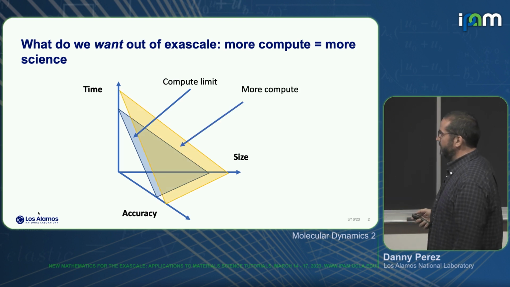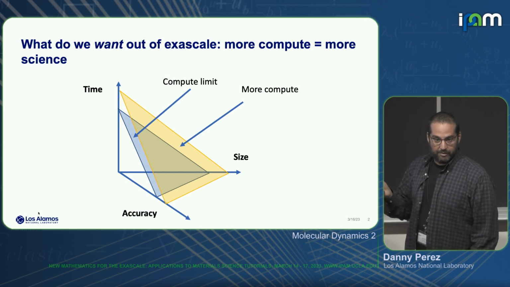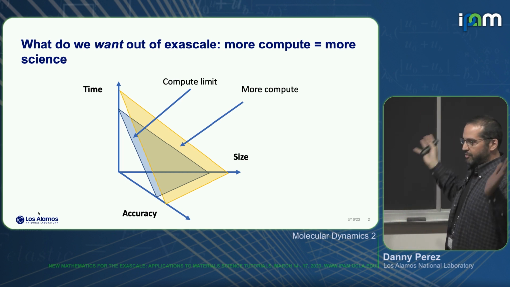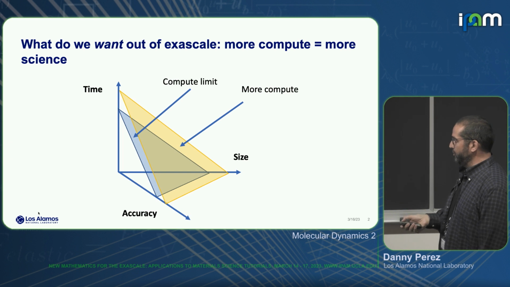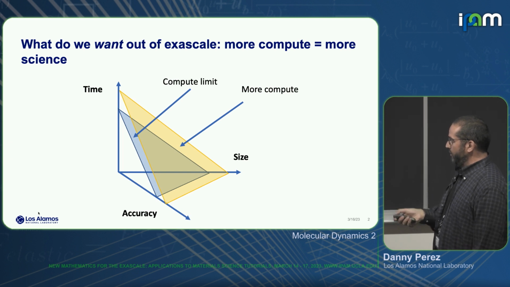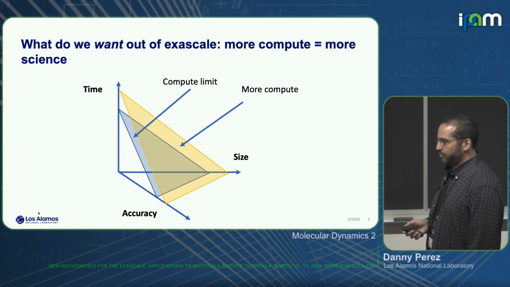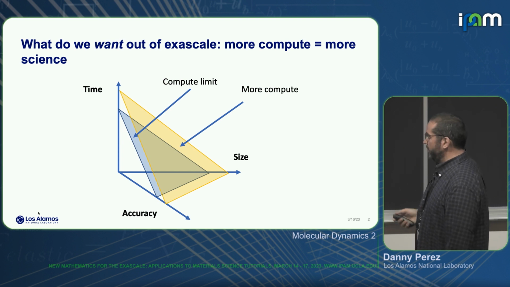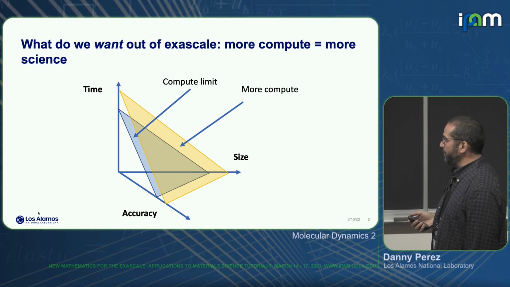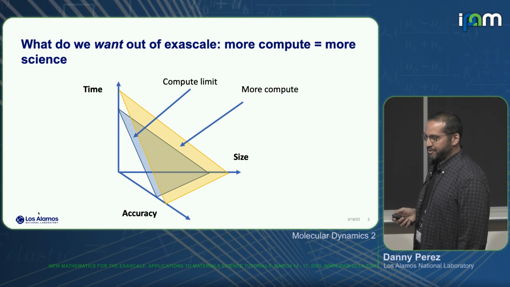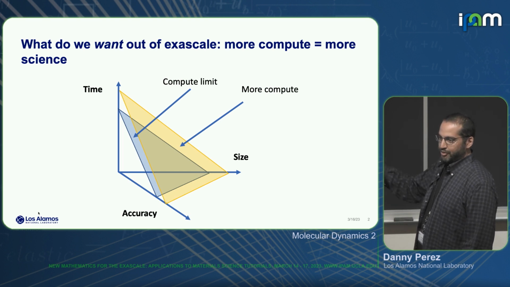And what we want is that if somebody gives you a bigger computer, that space uniformly gets bigger, and then the science tells you where under that surface is the optimal place to be for your science. Right? And perhaps unsurprisingly, the take-home message is that it's not so easy, right?